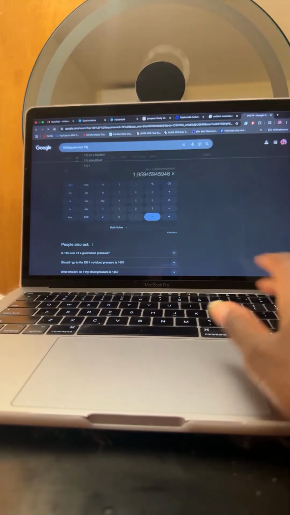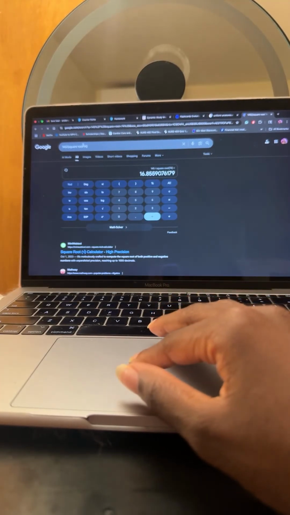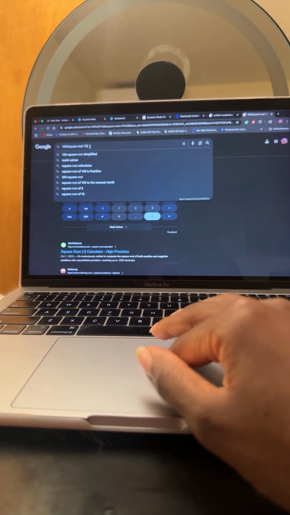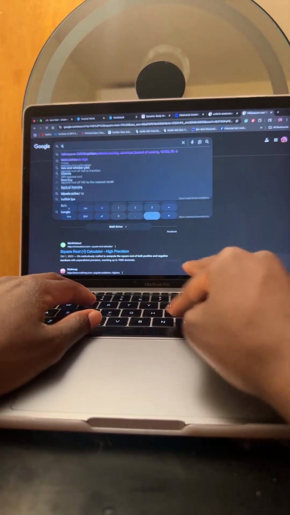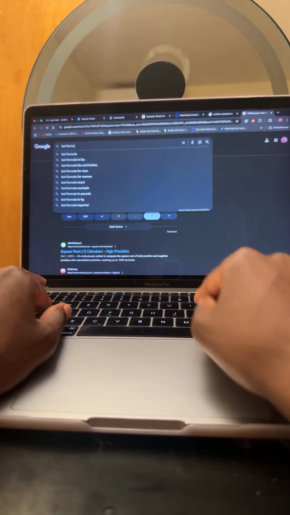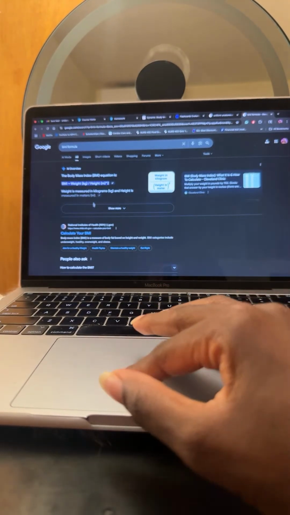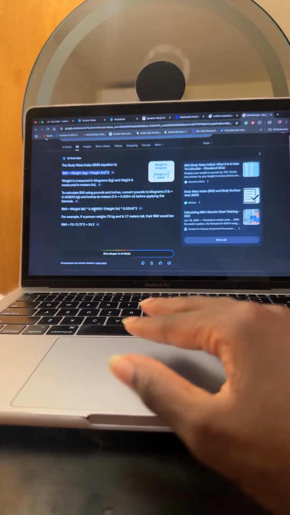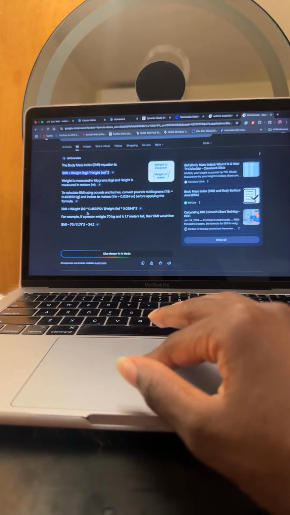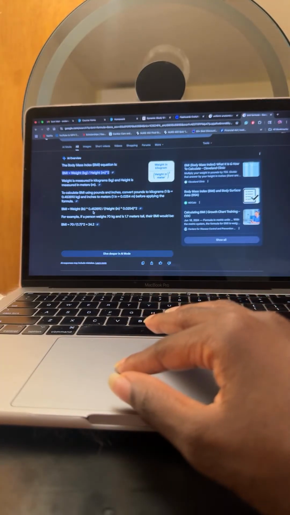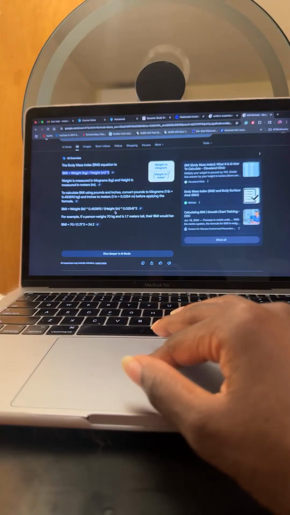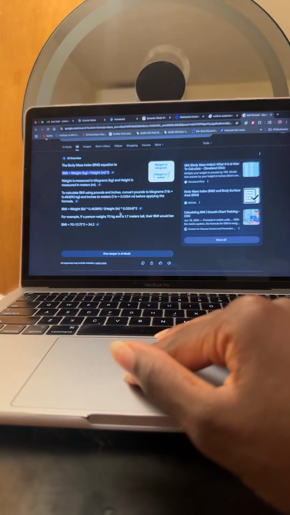It's like a very weird formula. No, let's see, BMI formula, because I'm confusing myself. I think I'm thinking of a different formula. If I want to use the BMI, it's going to be weight divided by height in inches.